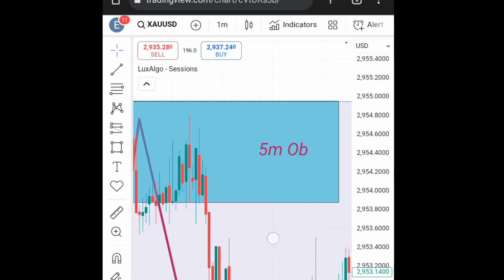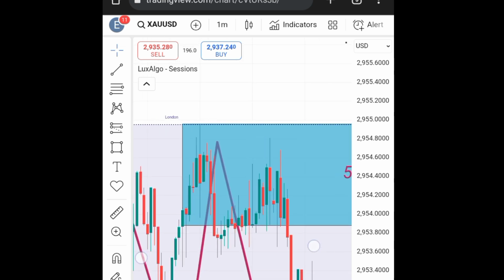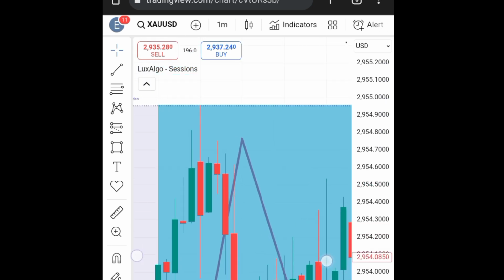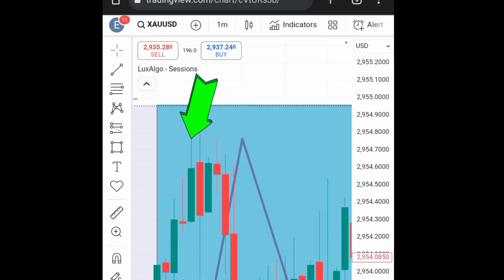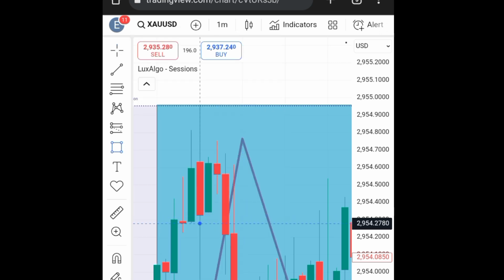So right here we are on our M5 OB. Inside this M5 OB, we are going to look for our 1 minute OB. So let us mark the last bullish candle that led to a break of structure to the downside, which is this very one here.